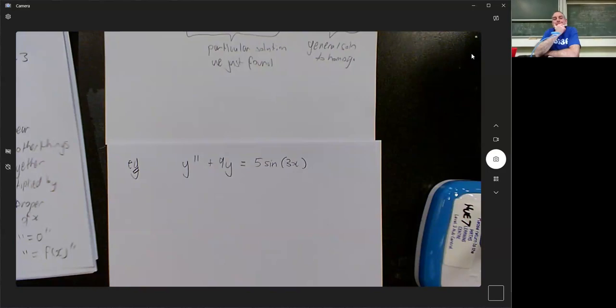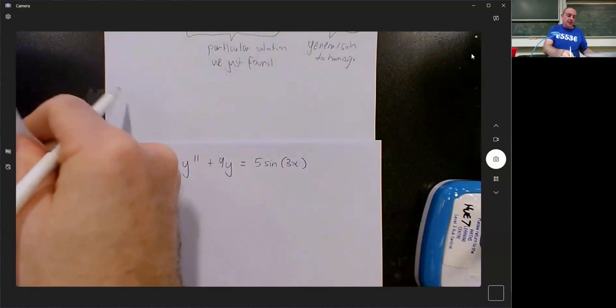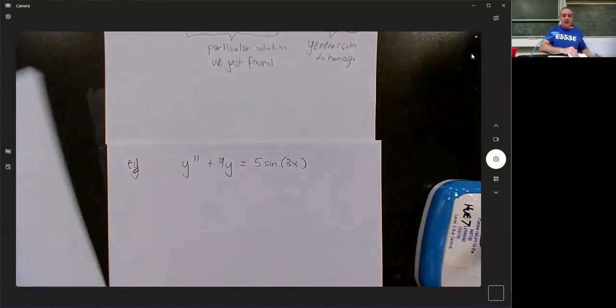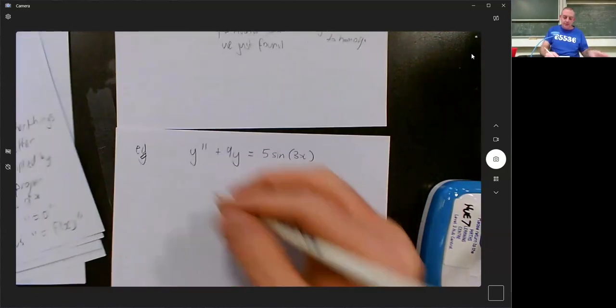Okay. So I know the homogeneous solution that we already found earlier, which I should have written down here, sorry, but I'm going to write it down here.